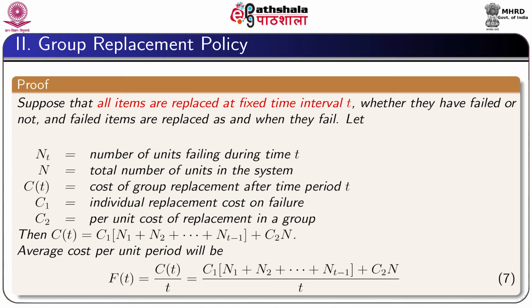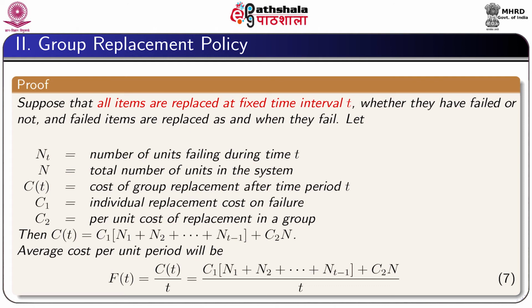C_t is the cost of group replacement after time period t, C_1 is the individual replacement cost on failure, and C_2 is the per unit cost of replacement in a group.